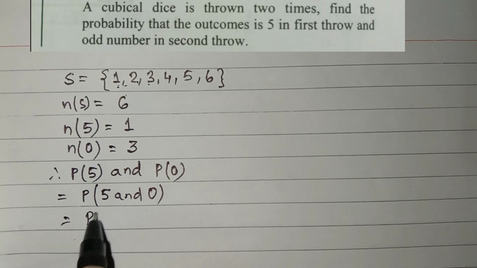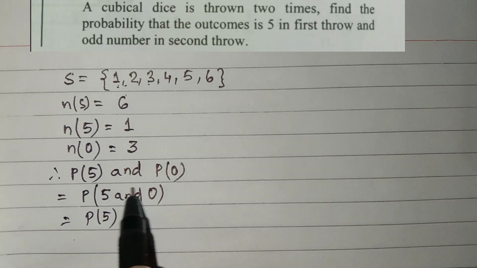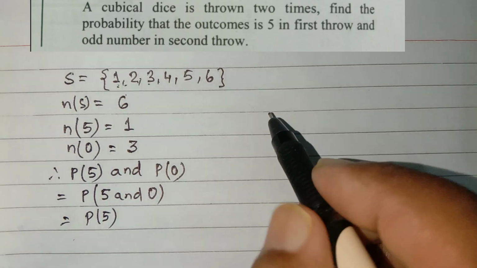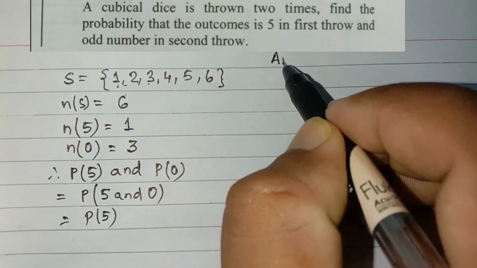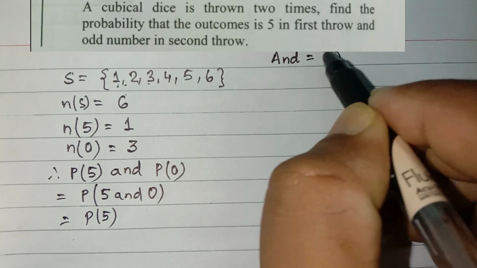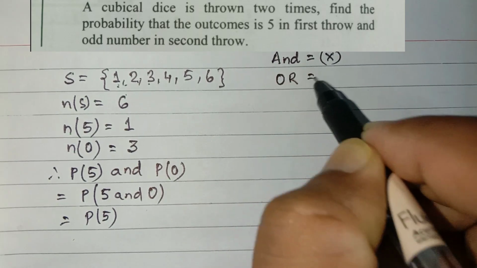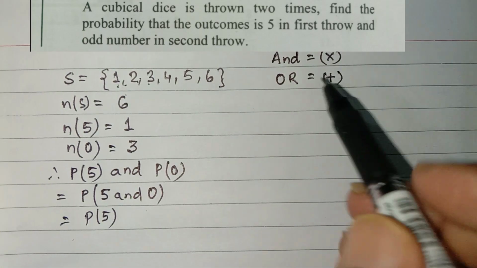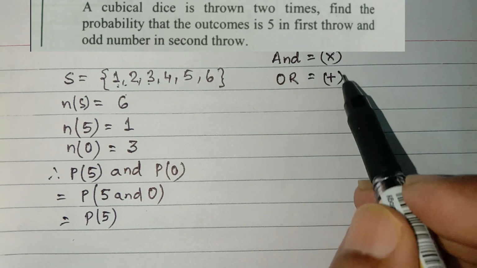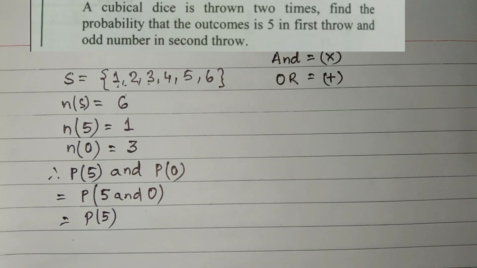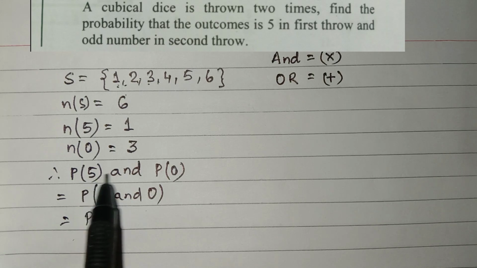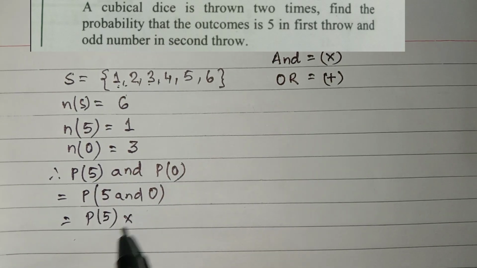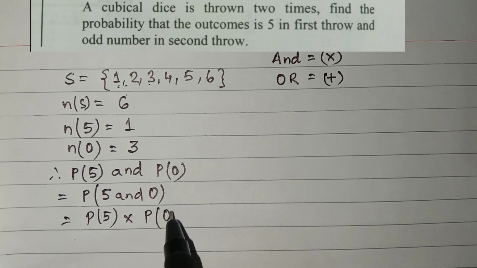Since we have the keyword "and", remember, in probability, if "and" is given, it means multiply. If "or" is given in the question, it means plus. So you have to keep in mind, if "and" is given, you have to multiply the probabilities, and if "or" is given, then you have to add the probabilities. So here probability of 5 and probability of odd means probability of 5 multiplied by probability of odd.